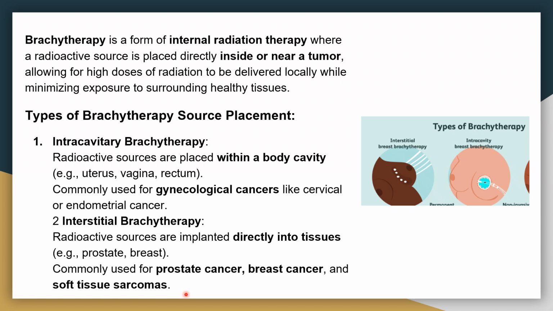And interstitial means where the radioactive material is implanted directly into the tissue. For example, if the patient has prostate cancer, we directly put that seed into the prostate or into the breast. So this is the interstitial. That's the only difference. Why I'm giving you this is because these are the words which you will see in the code language.